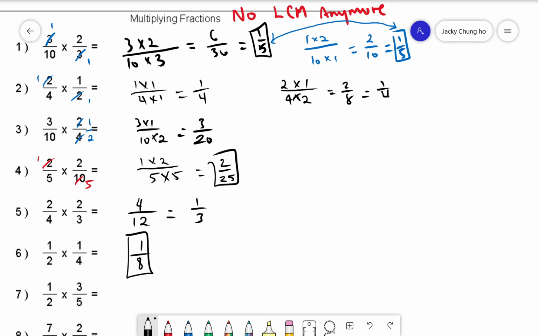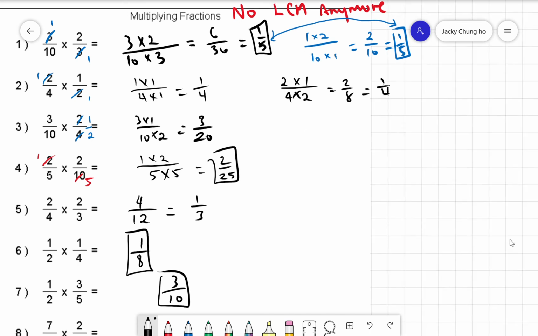Number 7, I have 1 over 2 times 3 over 5, which is 3 over 10, because 1 times 3 is 3, 2 times 5 is 10.